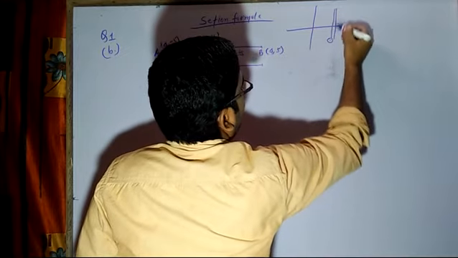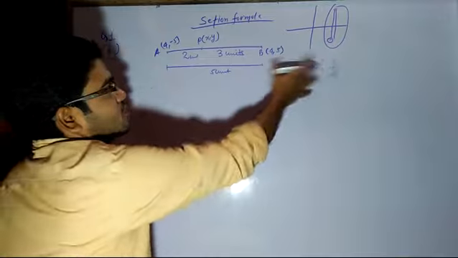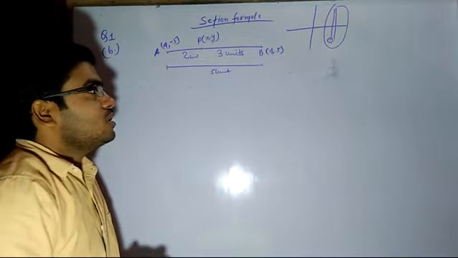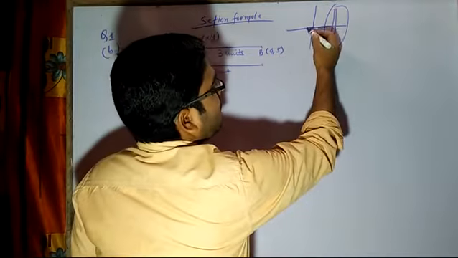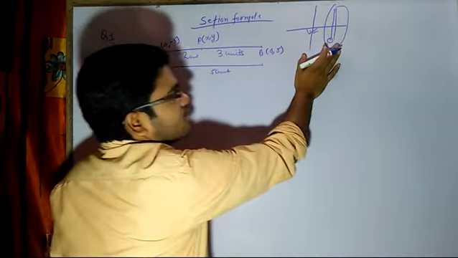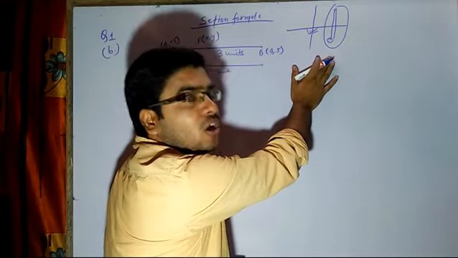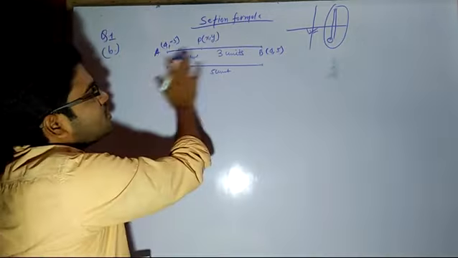Like this they try to draw, and then based on this they try to do the calculation. So my dear students, this part is not at all required. This question is not dependent upon the coordinate axis. It is just points.